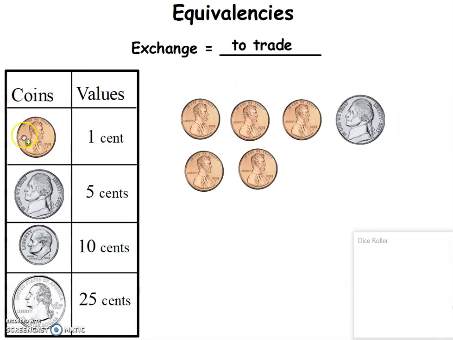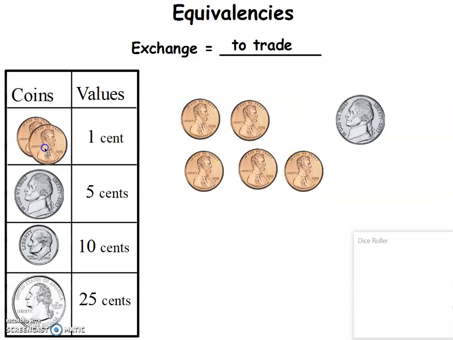So in total, I have 5, 6, 7, 8, 9, 10, 11. Can I exchange any of these coins for another coin? Because all of these pennies in my pocket are going to get really heavy. I'd rather carry less number of coins, but with the same value. 1, 2, 3, 4, 5.